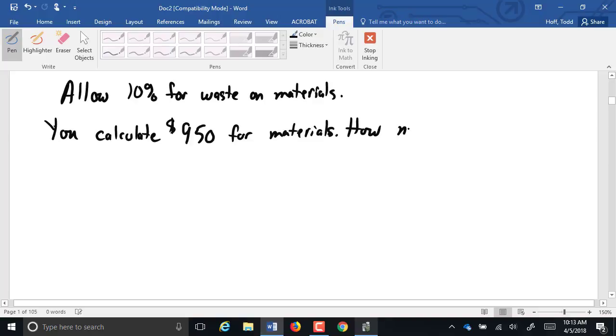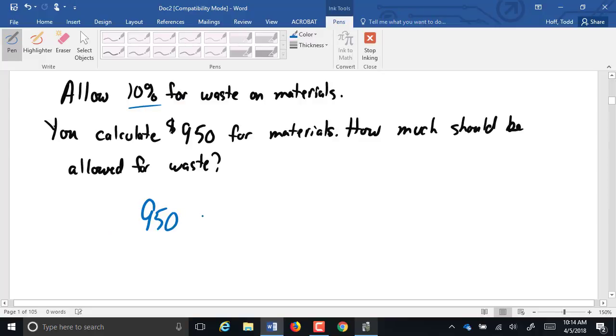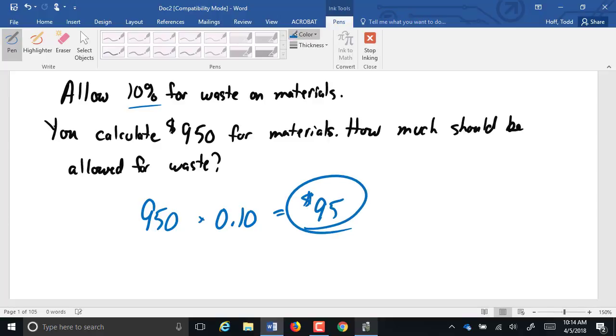How much should be allowed for waste? Well, it's $950 times your 10% waste allowance. That's $95 that should be allowed for waste. Make sense?